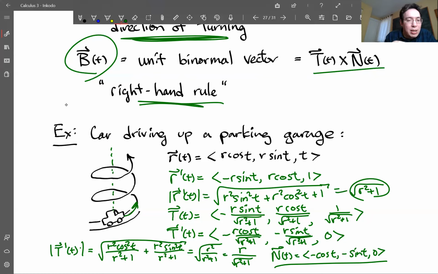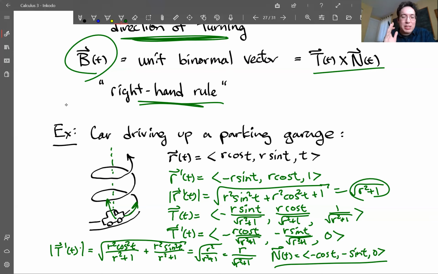It was pointing to the left from the perspective of the driver because he was turning left as he went up the ramp. And if you imagine your right hand, as the driver, sticking in the direction of the motion and curling it towards the direction of the driver turning, the thumb's up direction is the direction of the binormal. So maybe it's better to think of the binormal as the direction of the driver's head pointing up.